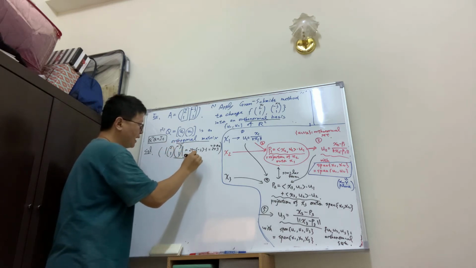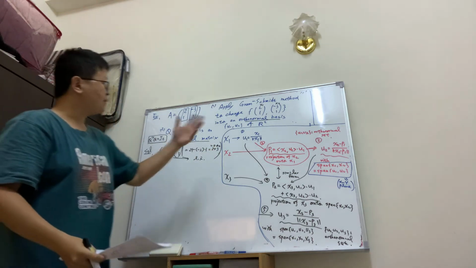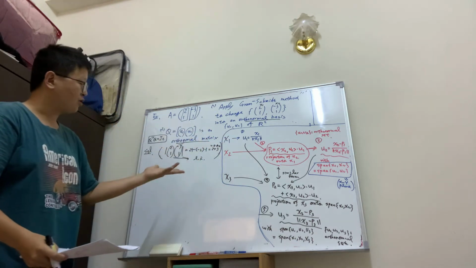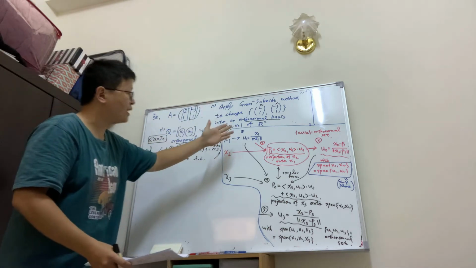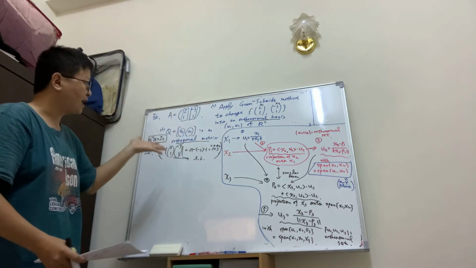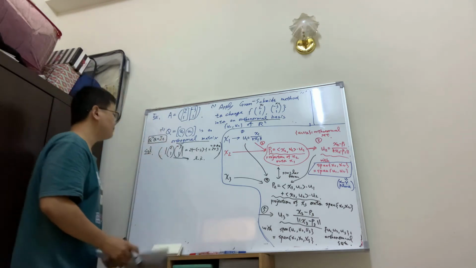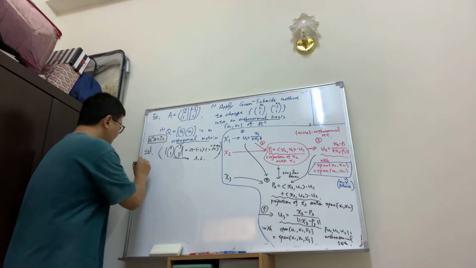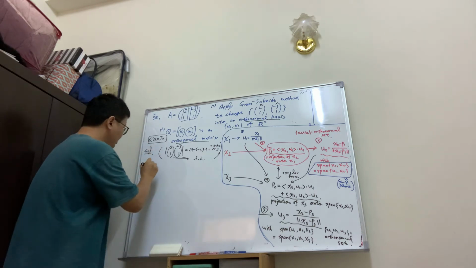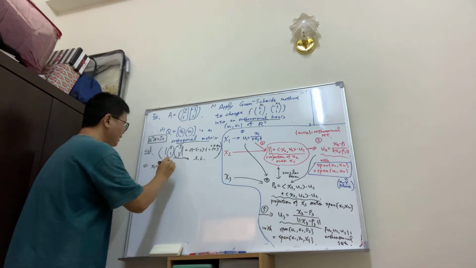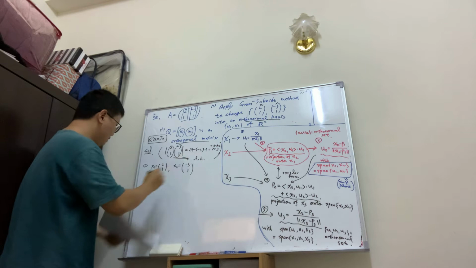They are not orthogonal, and we could use the Gram-Schmidt method to find an orthogonal or orthonormal basis. So we denote S1 by 2, 1, S2 by negative 3, 1.